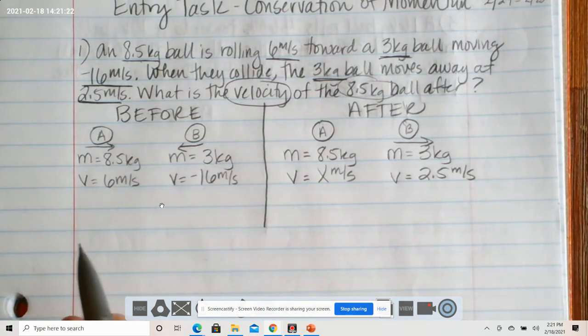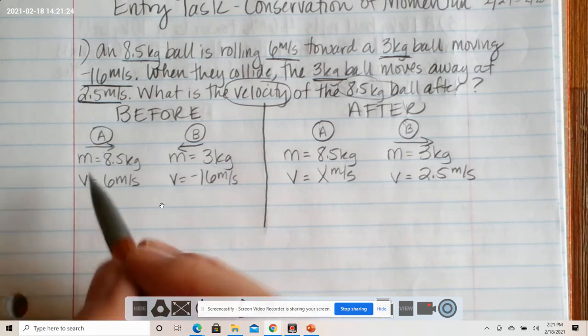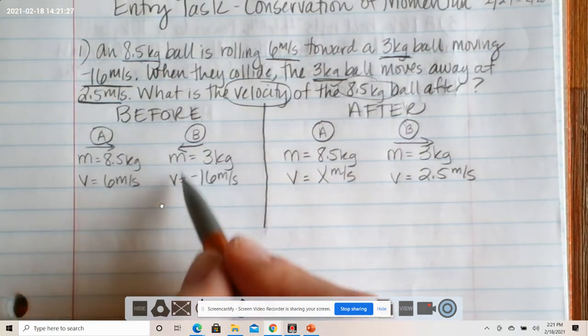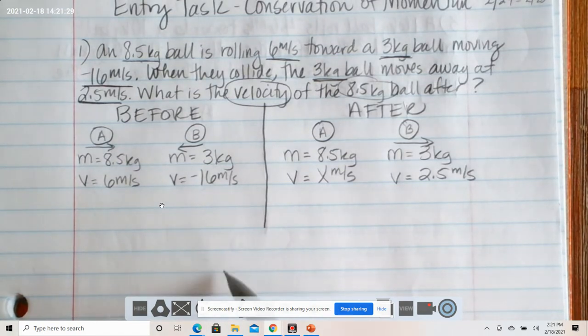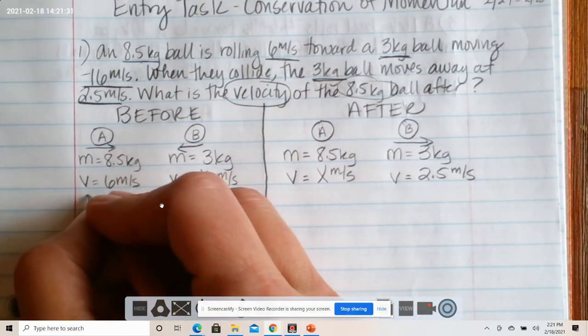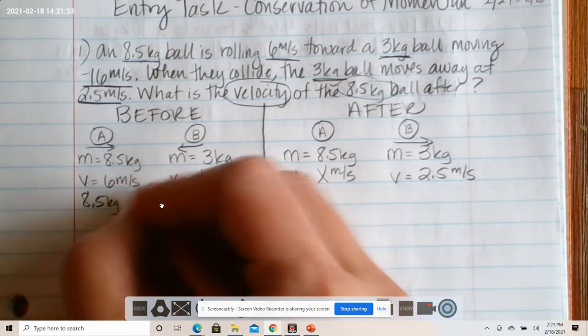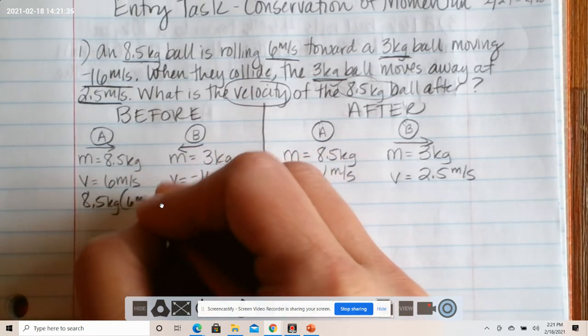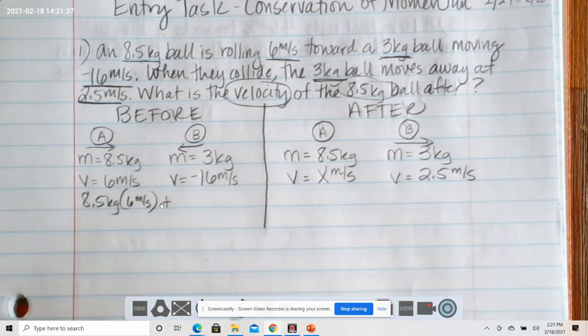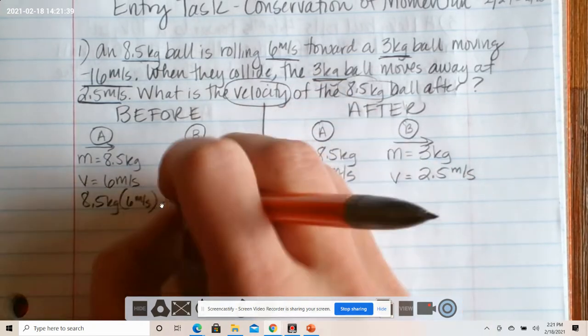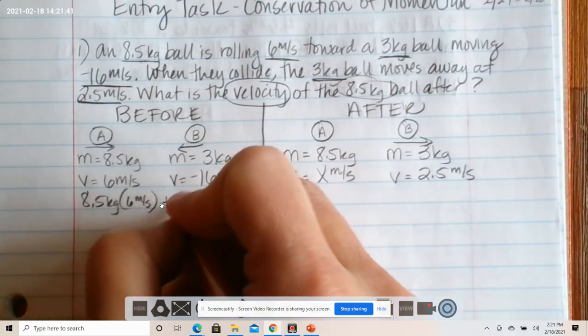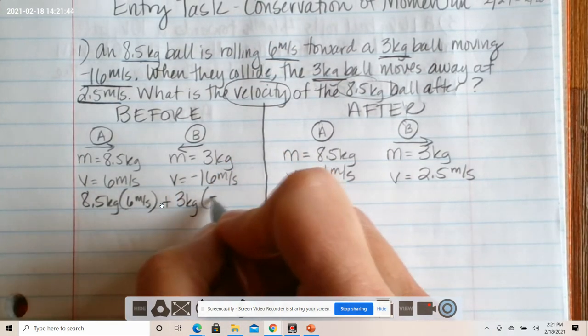So we're going to use mass times velocity plus mass times velocity to get the total momentum before the collision. We're going to start with 8.5 kilograms, which is the mass, times the velocity of 6 meters per second, plus the mass of B, which is 3 kilograms, times negative 16 meters per second.